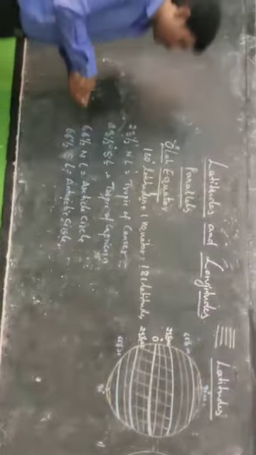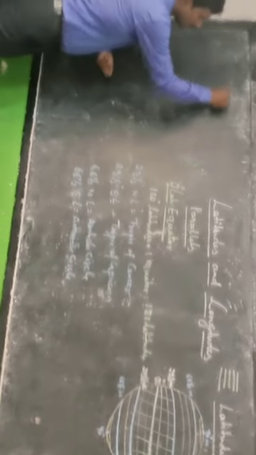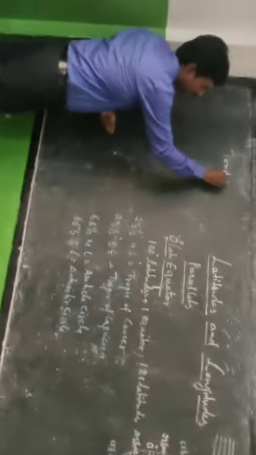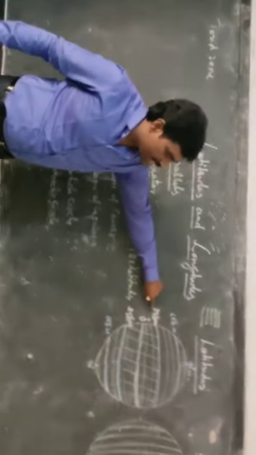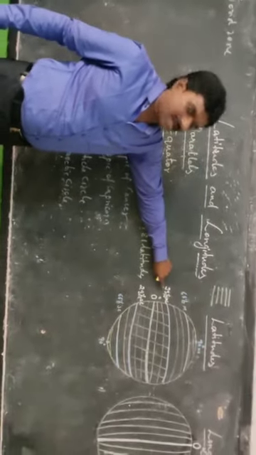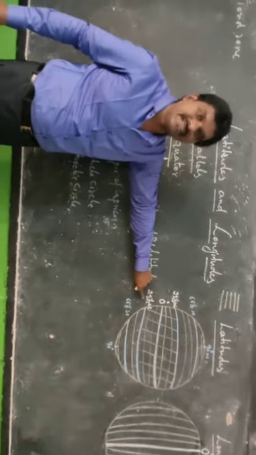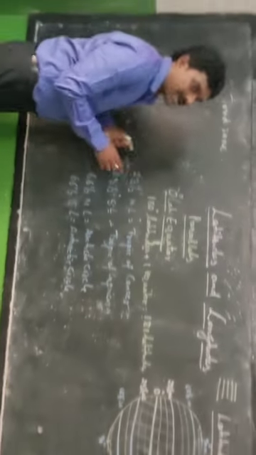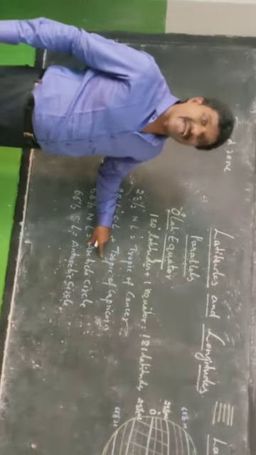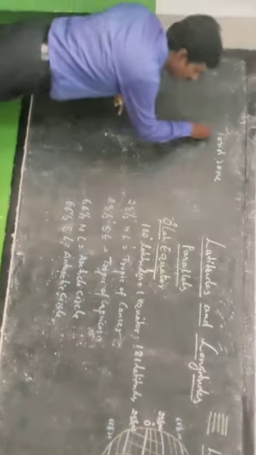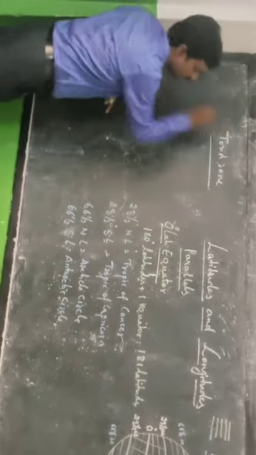The torrid zone lies between 23.5 degrees north latitude and 23.5 degrees south latitude, that is, between Tropic of Cancer and Tropic of Capricorn.